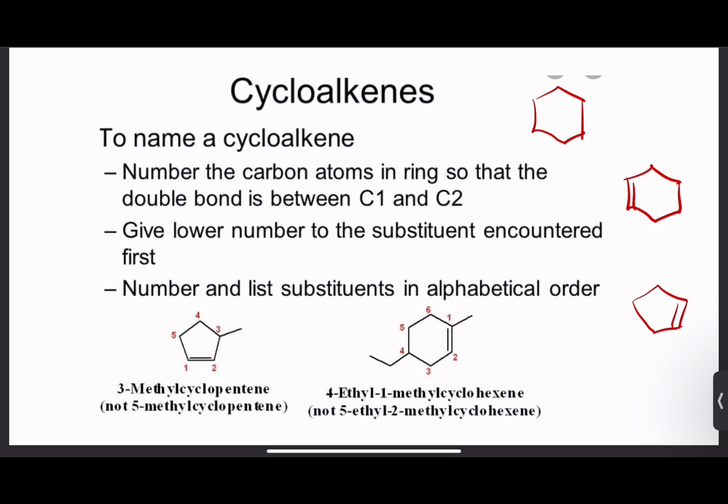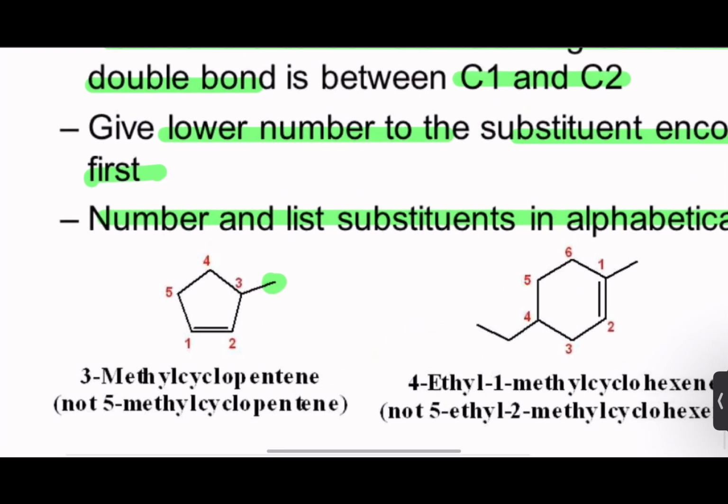Okay, a double bond with here. Now look at here. Number the carbon atoms in a ring so that the double bond is between first and second carbon. Okay? Give lower number to the substituent encountered first. Substituent means branches. Number and list the substituent in alphabetical order. Okay?